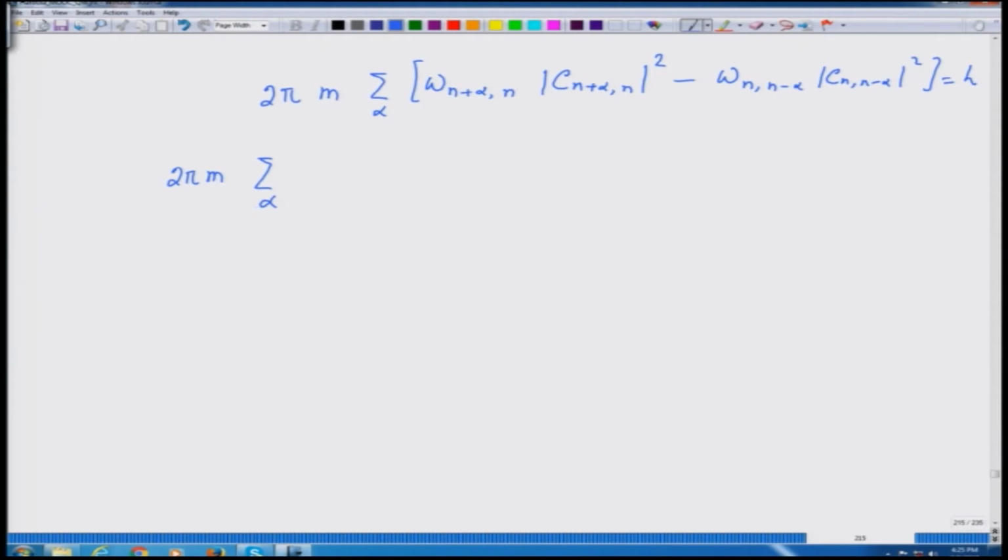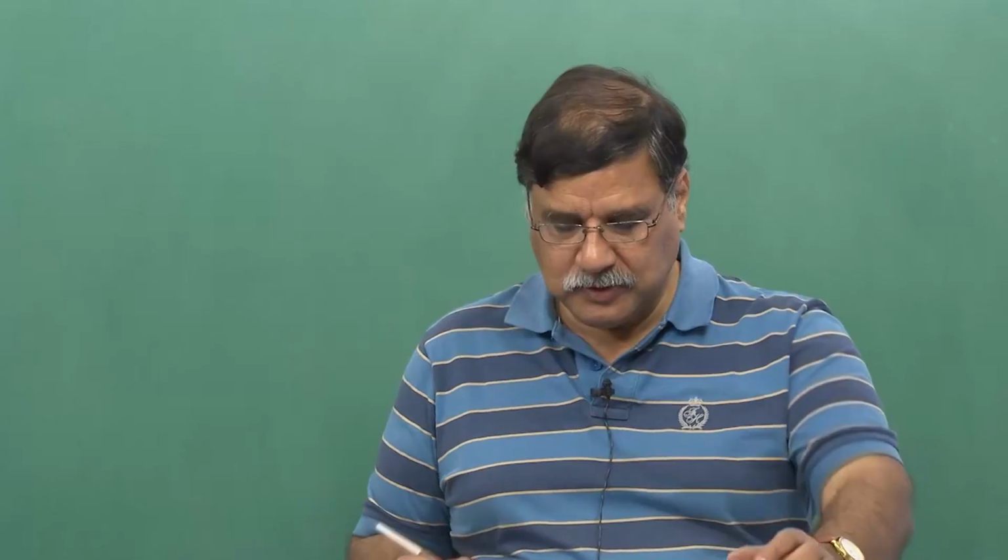I want to write this in terms of p and x, or p and q, where q is the generalized coordinate.